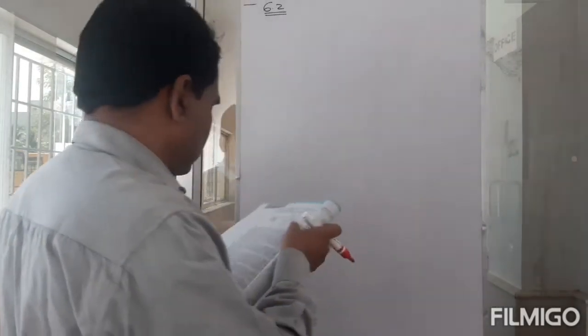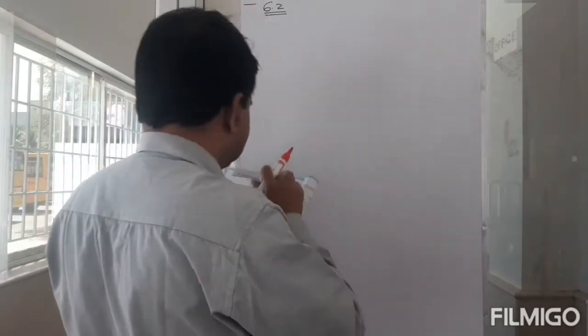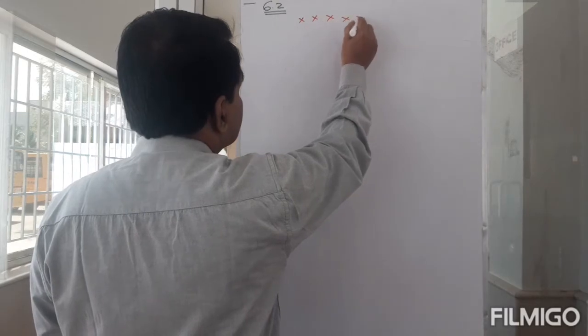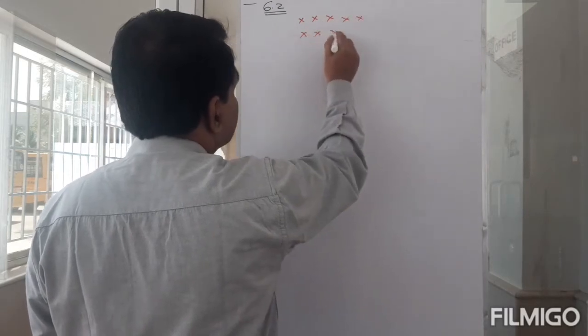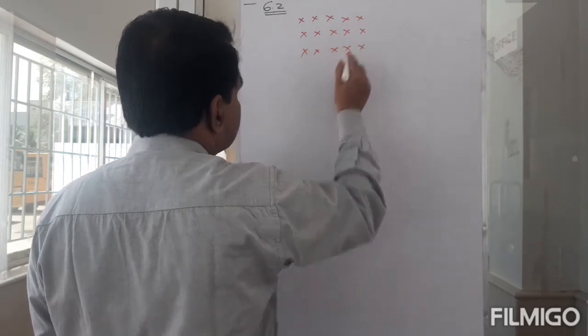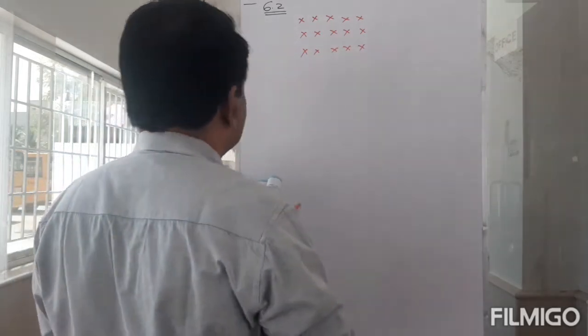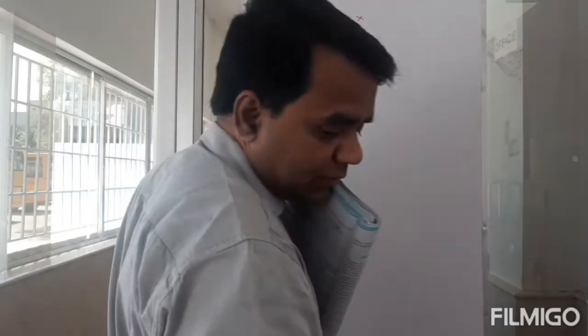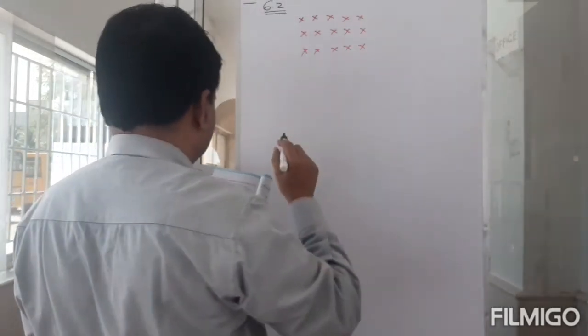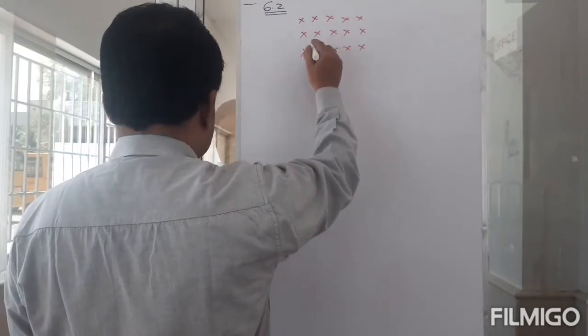So what it says is that you have a magnetic field that is going into the board. And then you have an irregular shape, a loop of irregular shape here, a wire of irregular shape.